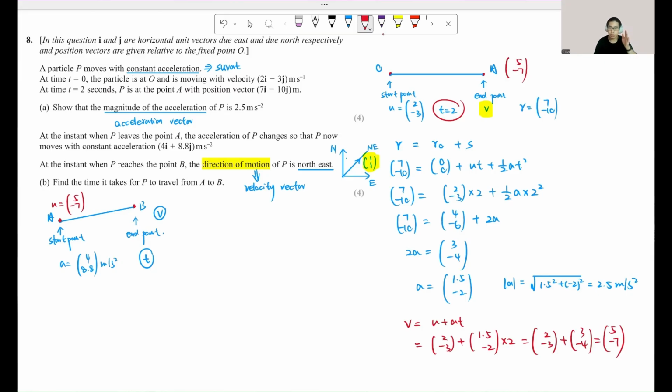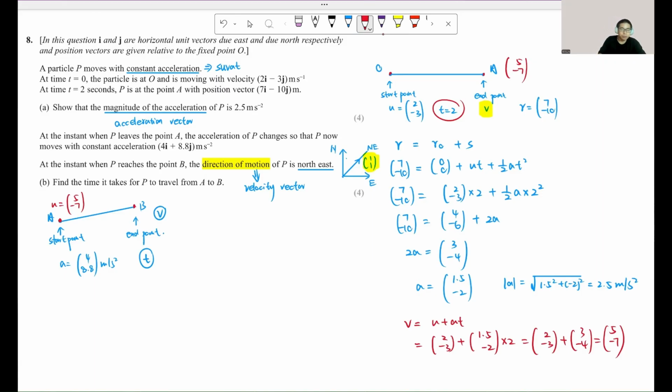It's all about what's your starting point and what's your end point. If you start from O and end at A, then O would be U, the velocity at O, and the velocity at A would be V. But if you start from A and finish at B, the velocity at A would be U and the velocity at B would be V.